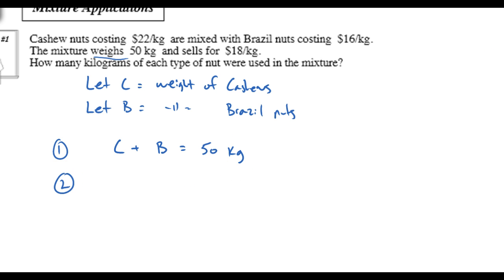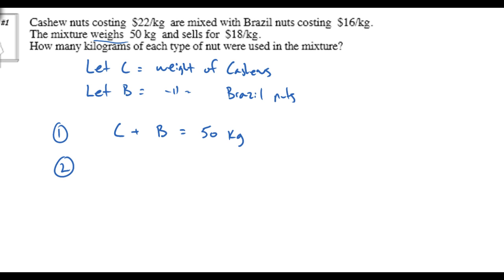In the second equation, we have to get the value of each of the nuts. So we have $22 per kilogram and $16 per kilogram. Now, how much did the entire bag cost? Well, if there's 50 kilograms of the entire mixture and the whole thing sells for $18 per kilogram, I'm just going to go ahead and go 50 times 18 to get the cost of the entire bag.